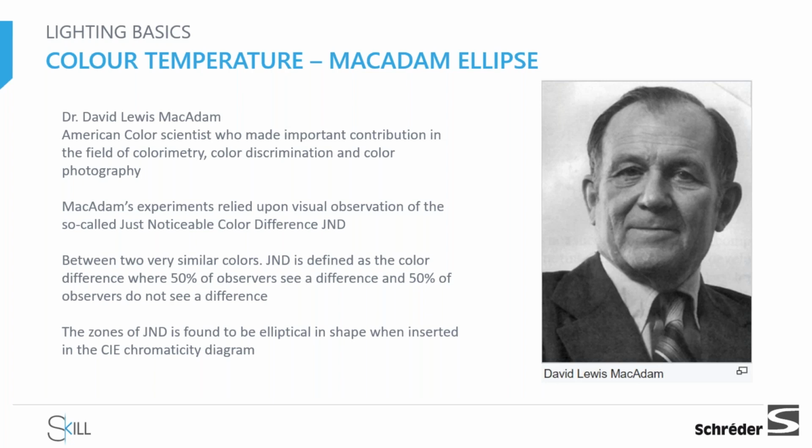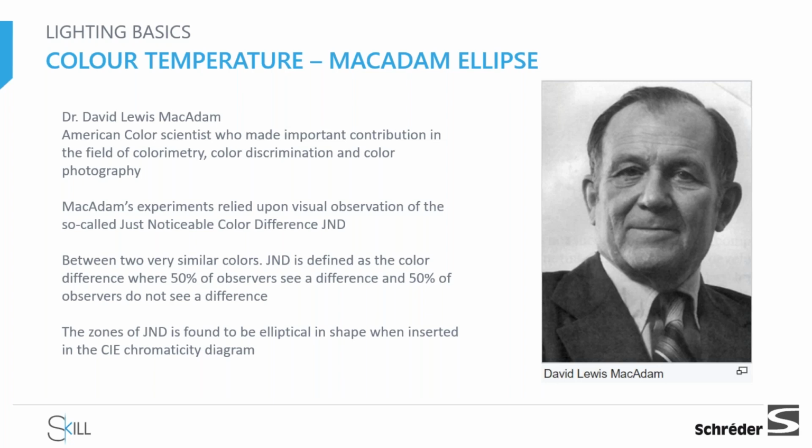But in between, people will not have the same capability of distinguishing colors. I might be able to see a very small difference in color, and other people will not. So he identified that there is something called JND, the just noticeable color difference, if 50% of the sample is able to distinguish and 50% is not able to distinguish between the two colors.